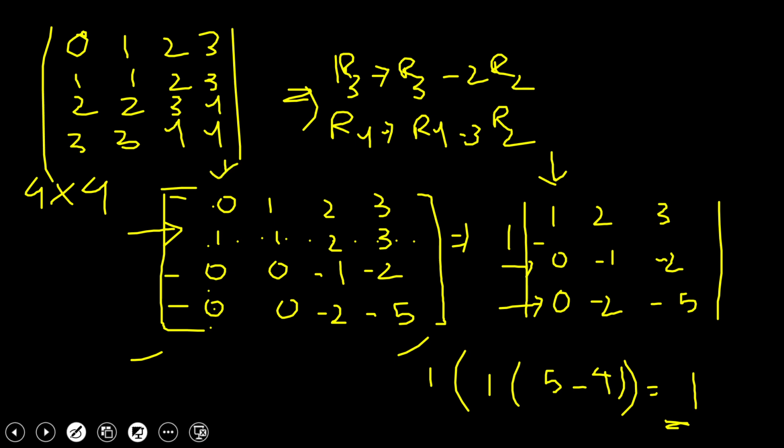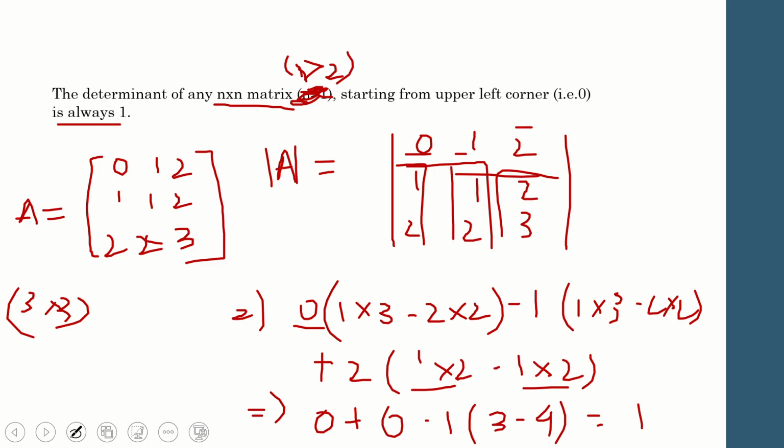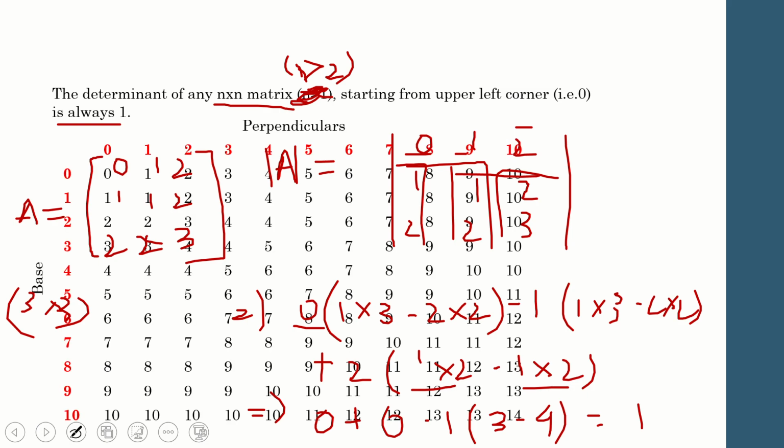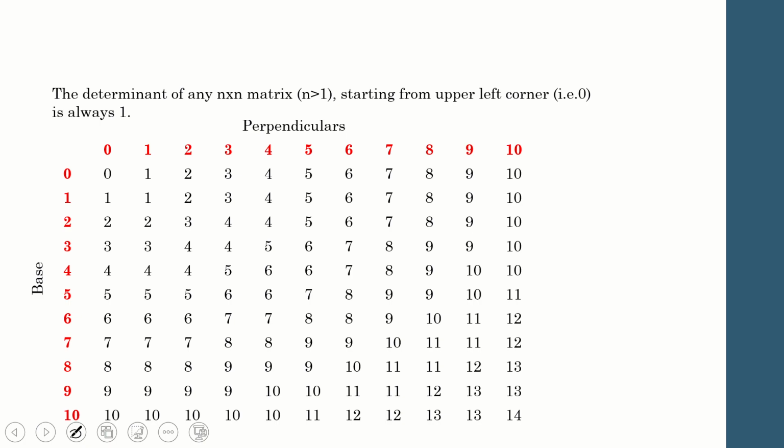If you go in this direction in column operation, only one element is non-zero, which is 1. All other elements are 0. So that's why it is useful for us to calculate the determinant. Likewise, let me clear it.